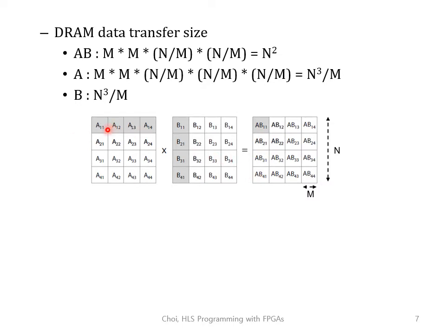And each A block is of size m squared, right? So the transfer size for A is going to be m squared, times n over m, this number, times n over m, which is this number. So if you just multiply everything, it's going to be n cubed over m. And you can easily check that the transfer size is the same for B as well, right? And both of them are going to be all read transfers.